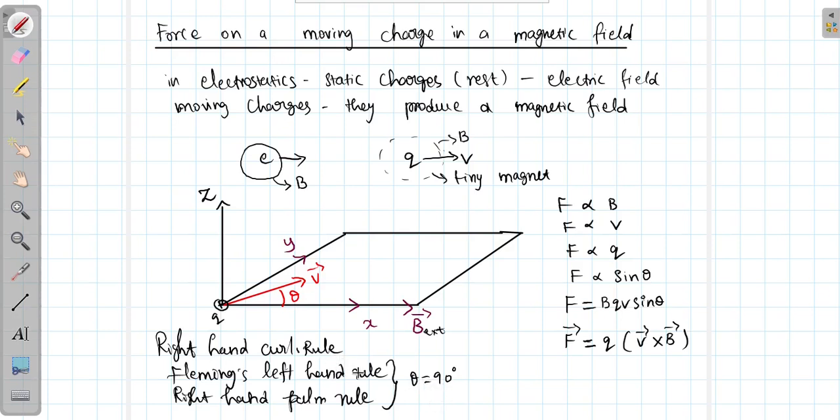When you curl the four fingers of your right hand, the thumb represents the direction of force, and the curled fingers represent V cross B. You have to curl your fingers in the downward direction, not the upward direction.